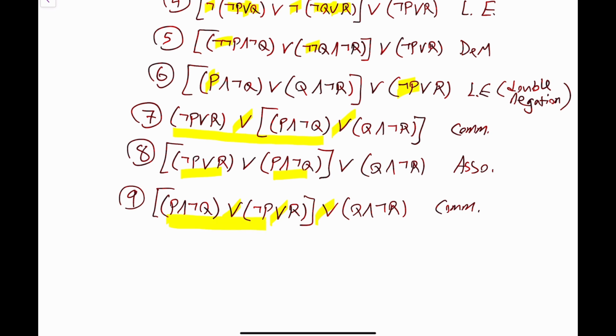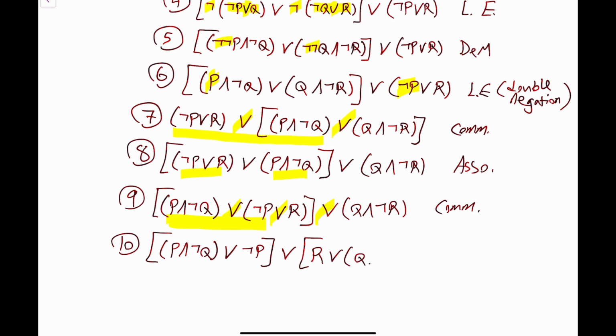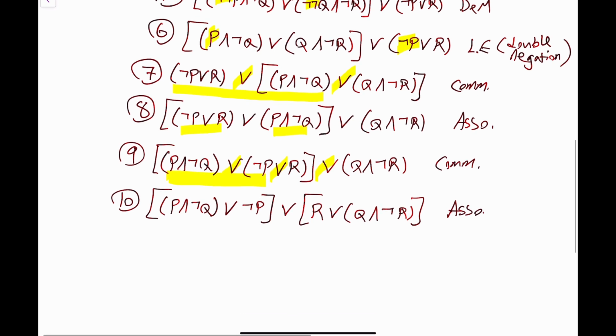So for 10, I'm going to say bracket, parentheses, P and not Q, close parentheses, or not P, close brackets, or brackets, R, or parentheses, Q and not R, close parentheses, close brackets, the associative rule. Great.